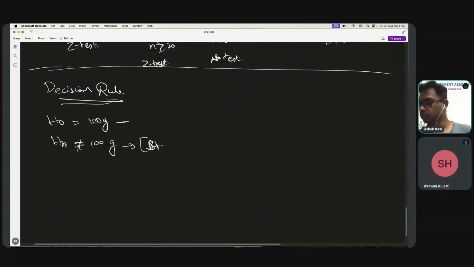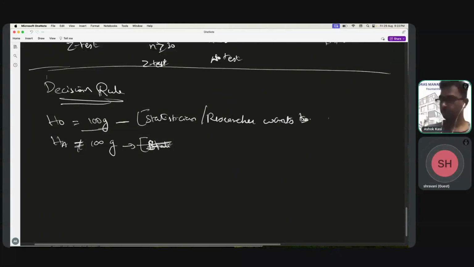The statistician wants to reject null. Because you are not believing in this one, that's why you are checking all this, right? Statisticians or researchers want to reject the null hypothesis.